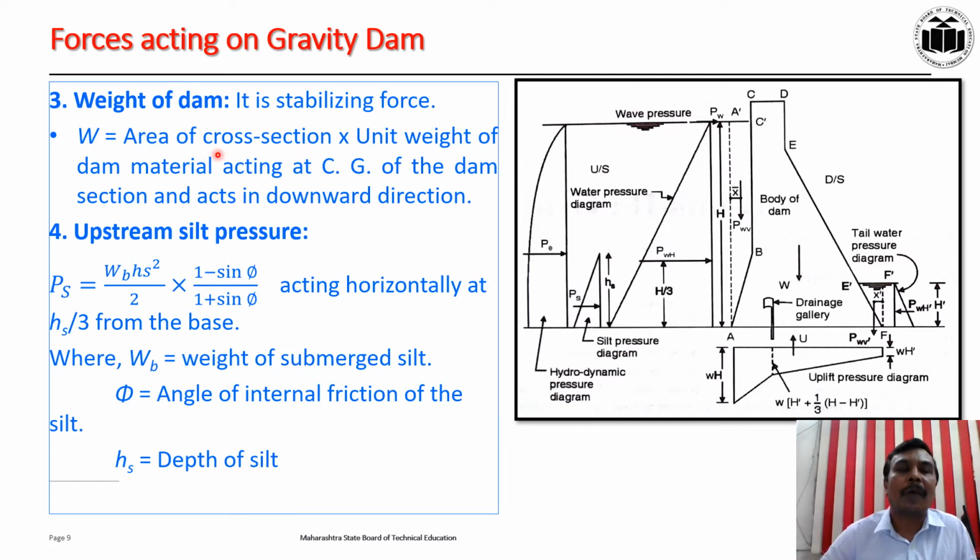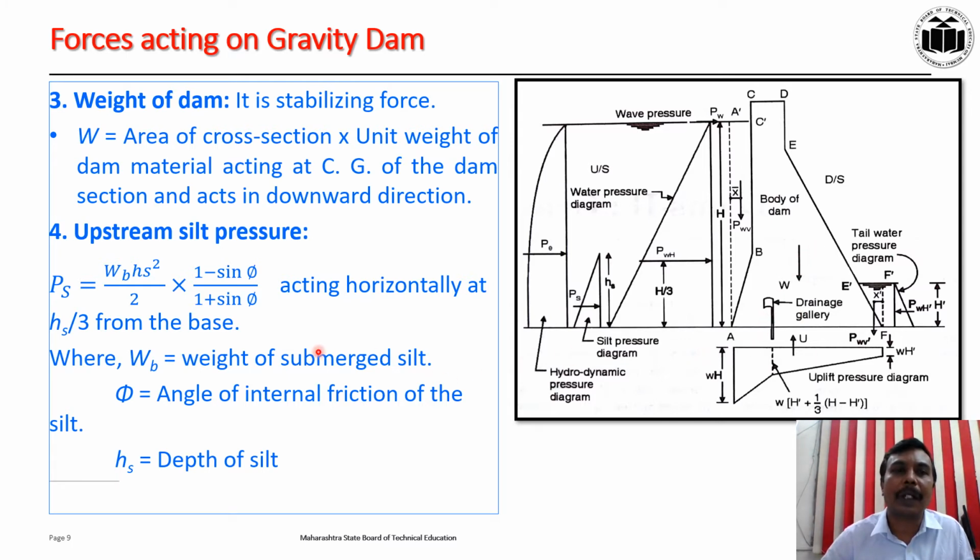And what is the magnitude of that pressure or weight of the dam? It is W is equal to area of cross section multiplied by the unit weight of the dam acting at CG of the dam, and it acts in the downward direction. So this is the big pressure or a force acting on the soil over which the gravity dam is resting, and it is the stabilizing force.